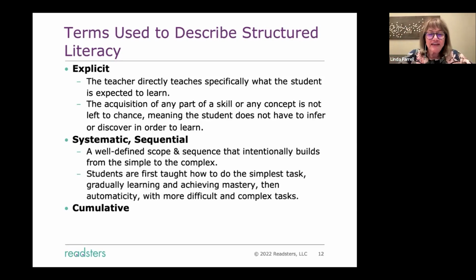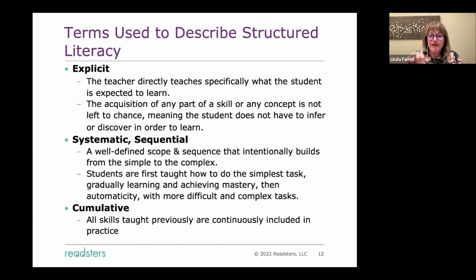The other thing is that students are first taught simply, and sequential means that you know what order. And I think cumulative is a bit of a subset of systematic and sequential, because it means you're always including the skills that were already introduced in what you do.